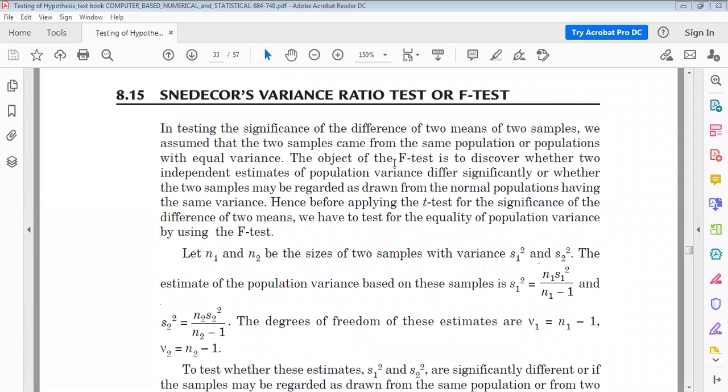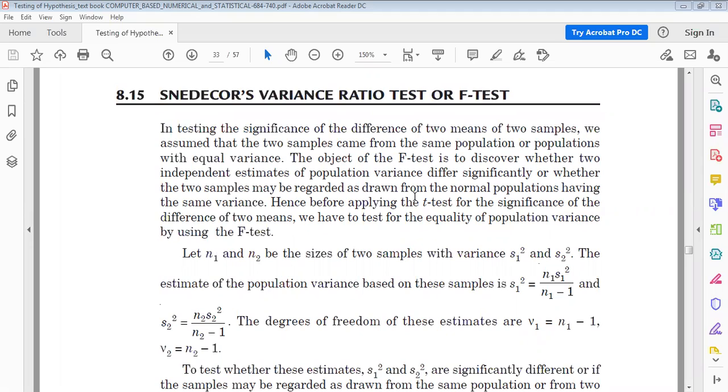So the object of the F test is to discover whether two independent estimates of population variance differ significantly, or whether the two samples may be regarded as drawn from the normal population having the same variance.